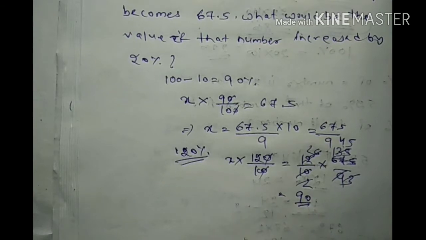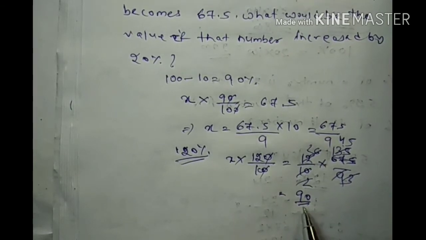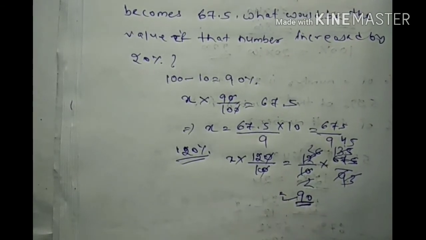So when that number is increased by 20%, it becomes 90.